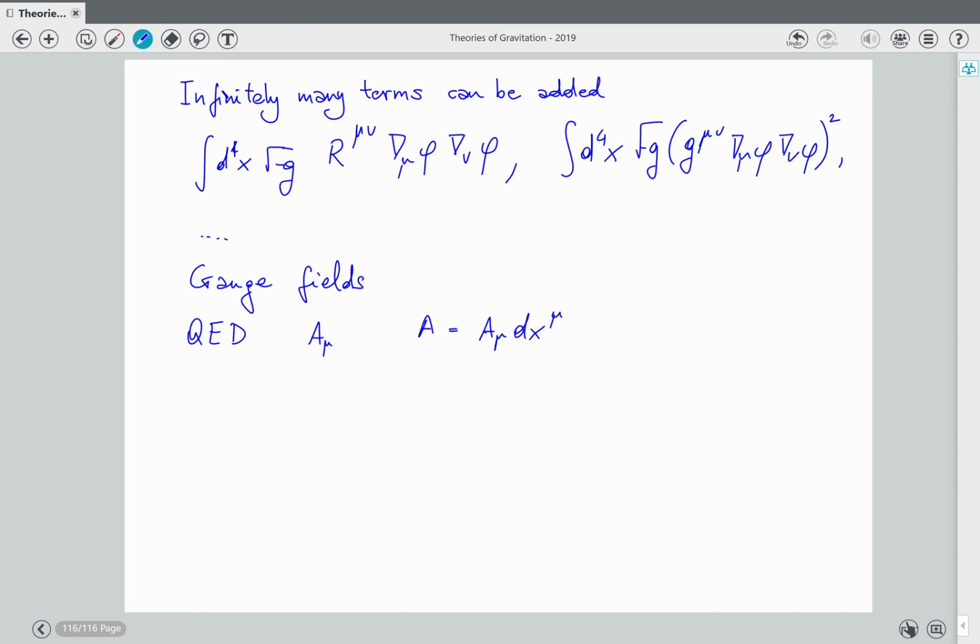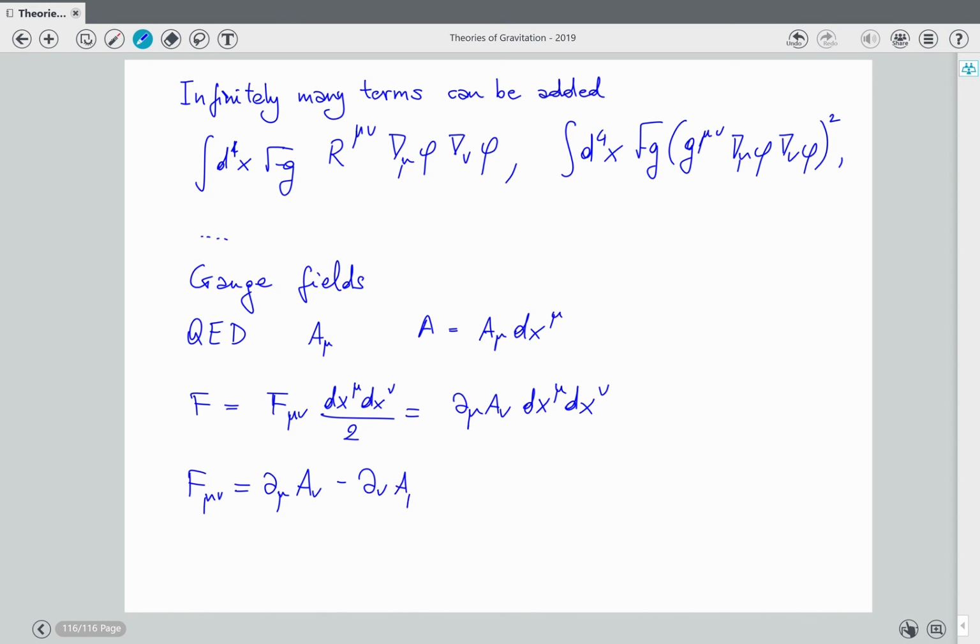And we have already defined the field strength, so you have F mu nu equal partial mu A nu minus partial nu A mu.